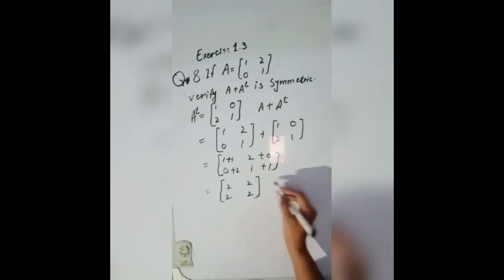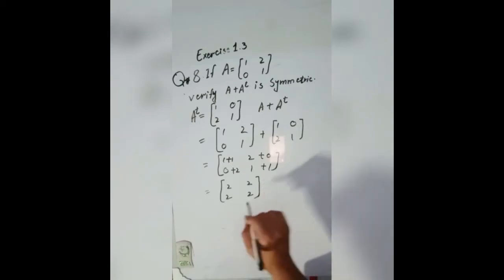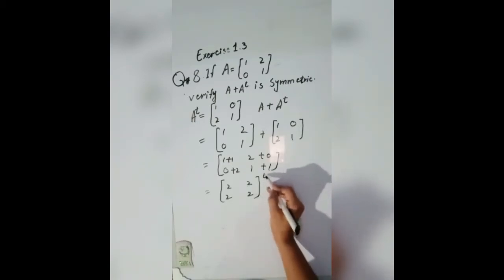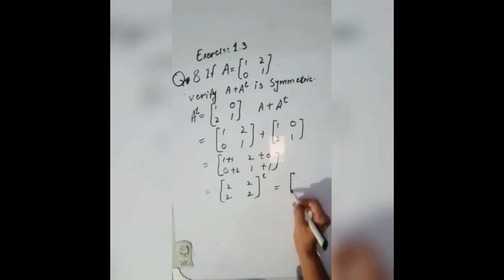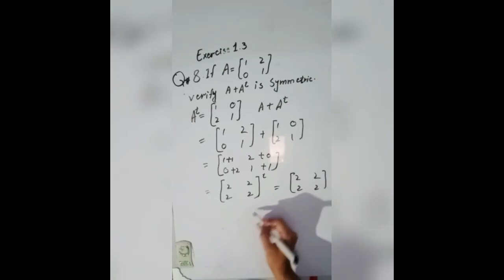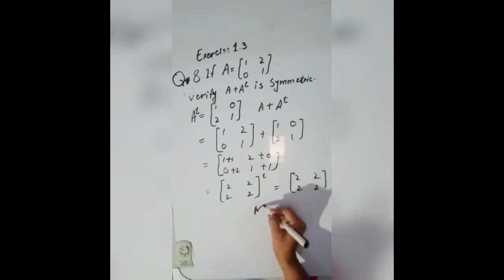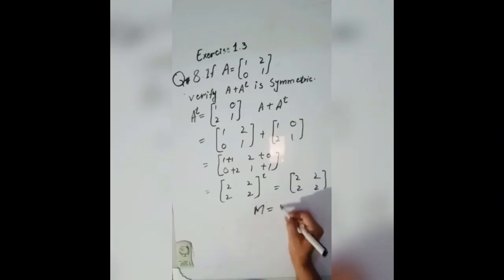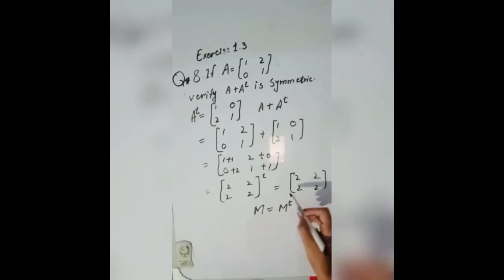So this matrix is symmetric matrix. Its transpose is equal to this one. If we take the transpose of this one, we again got this matrix. So in this matrix, M is equal to M transpose. So this matrix is symmetric matrix.